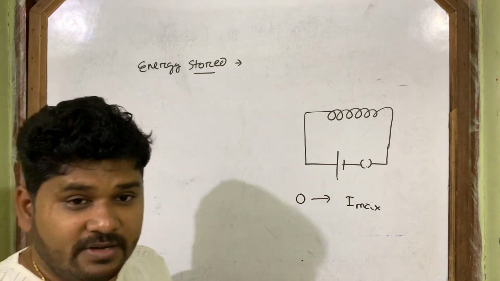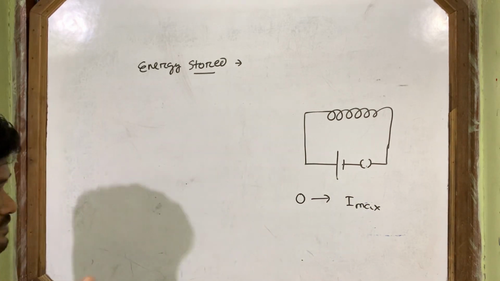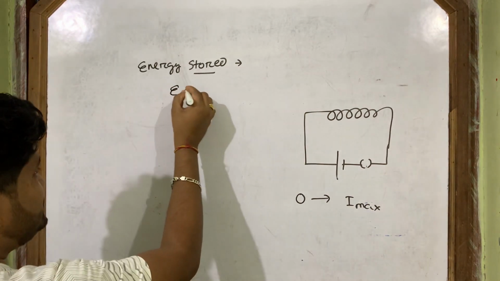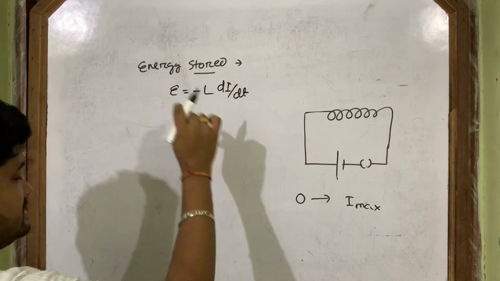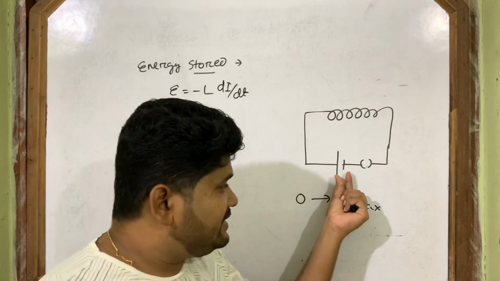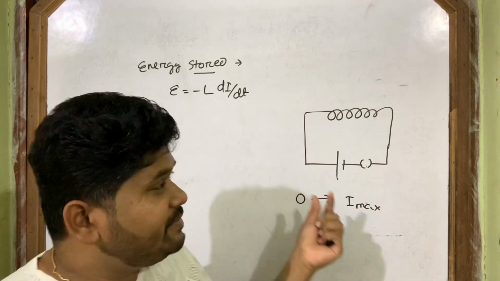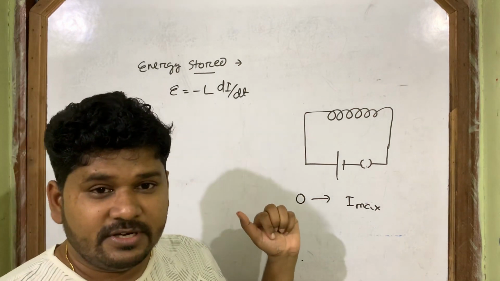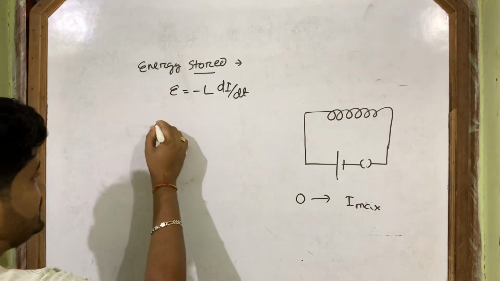Let's see how much potential energy is stored here. The induced EMF E is equal to minus L di by dt. We have already derived it. Then this source works against the opposition. How much EMF is applied to overcome this opposition?